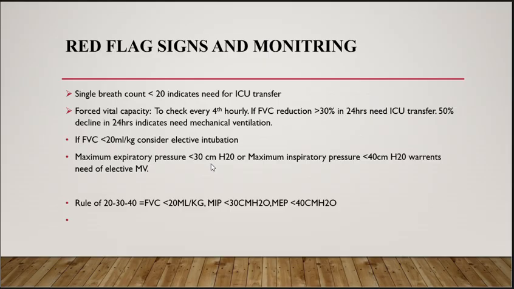If the reduction in FVC is more than 50% in the last 24 hours, there is a need for mechanical ventilation. Or the rule of 20, 30, 40: forced vital capacity less than 20 ml per kg, maximum expiratory pressure less than 30, or maximum inspiratory pressure less than 40 warrants mechanical ventilation.